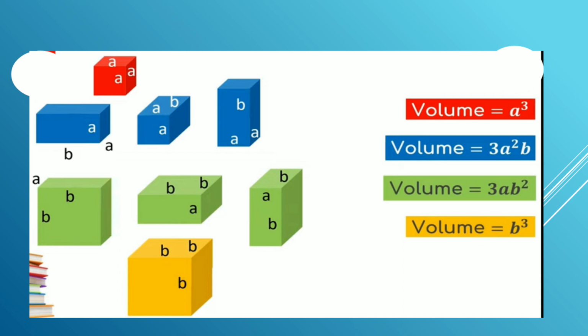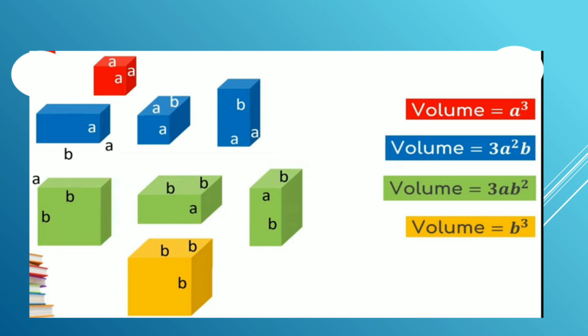So the volume of this red part is equal to a cube. The volume of the blue portions will be equal to 3a square b. The volume of the green portions will be equal to 3a b square. And the last one is the yellow one, whose volume is equal to b cube.